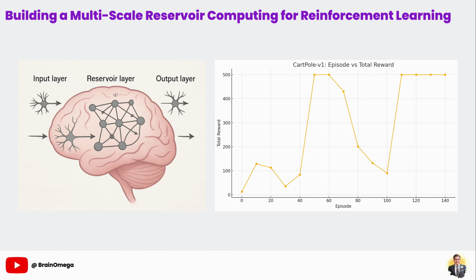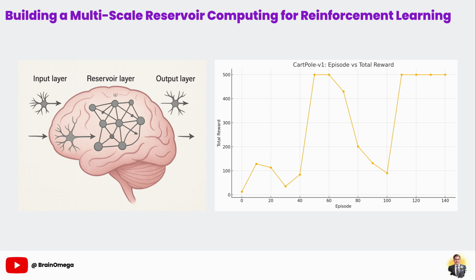Hello everyone, and welcome to a deep dive tutorial on a truly fascinating and powerful corner of the neural network universe: echo state networks. If you've worked with recurrent neural networks like LSTMs or GRUs, you know how powerful they are, but you also know that training them can be incredibly slow and computationally expensive.